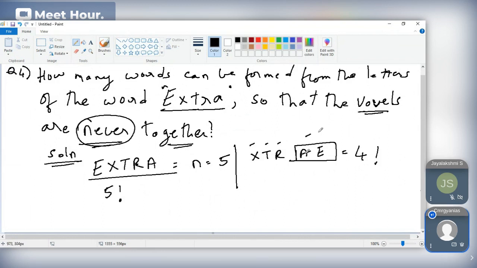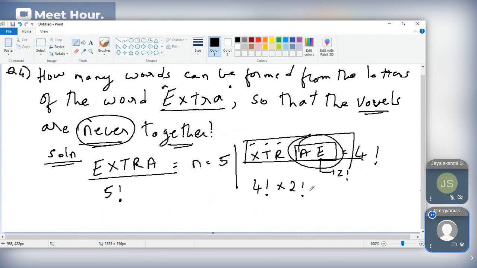So we again know this A and E, these are 2 here. So this can be arranged in 2 factorial ways. The answer for vowels together is 4 factorial into 2 factorial.